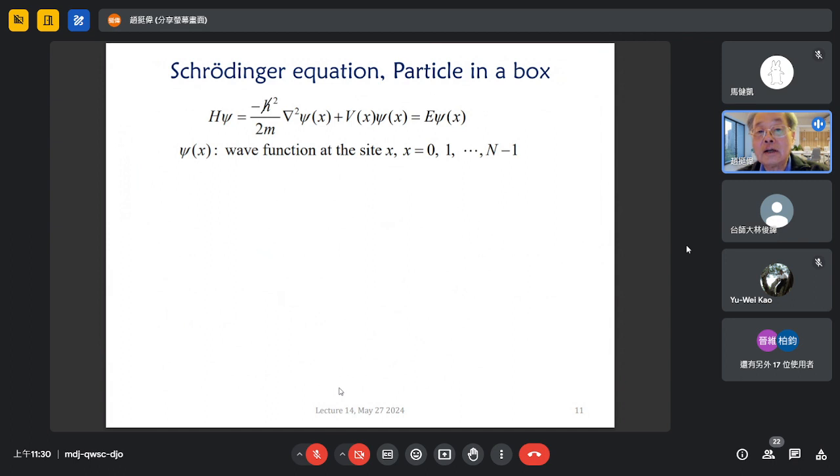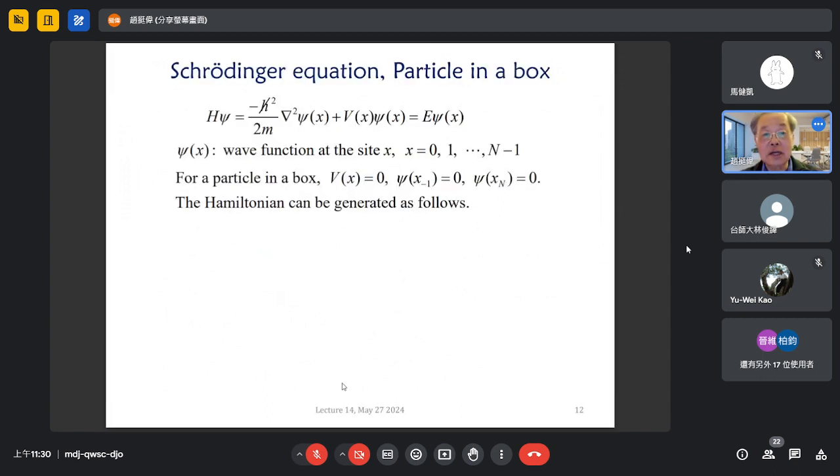So let me put this wave function. This is a particle in a box. That means psi x has to be equal to 0 at the boundary of the box. So instead of on a circle with a periodic boundary condition, I have psi of x minus 1 equal to 0, and psi of x n equal to 0.